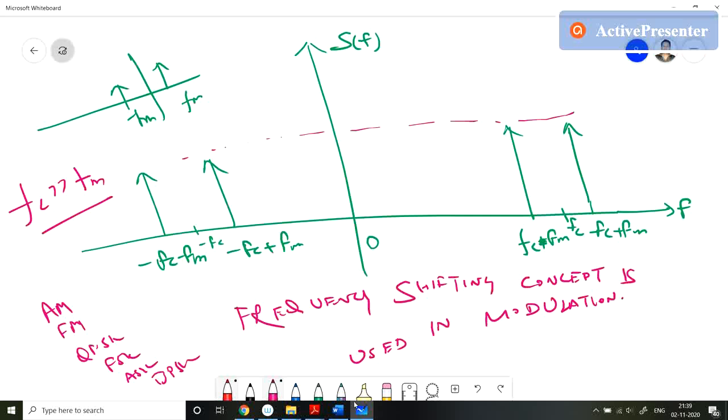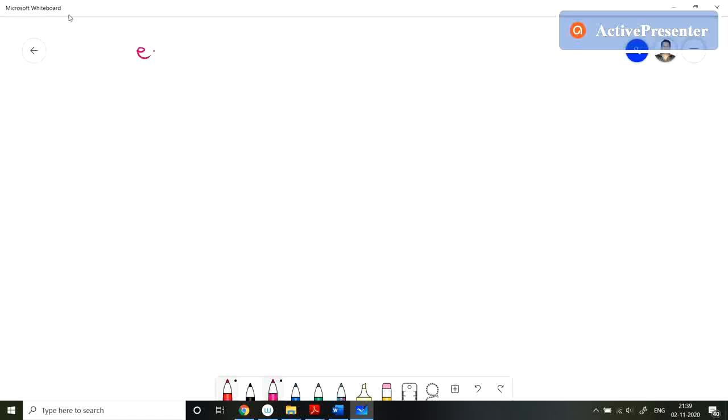So this is the frequency spectrum of SF, the Fourier transform of the DSB-SC modulated wave.